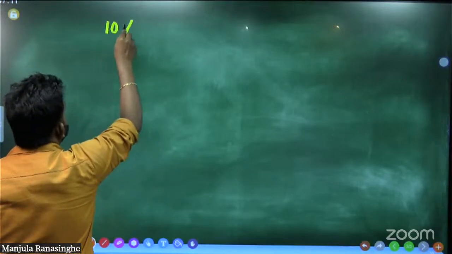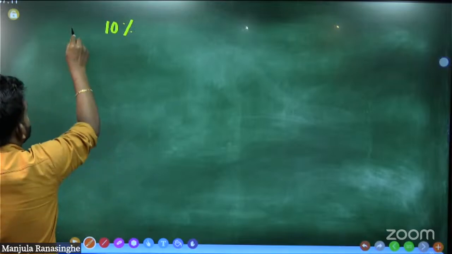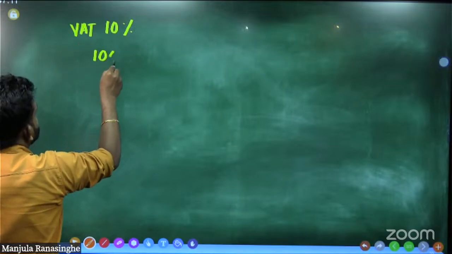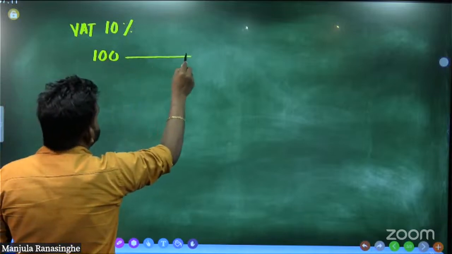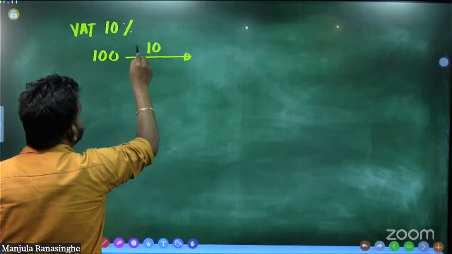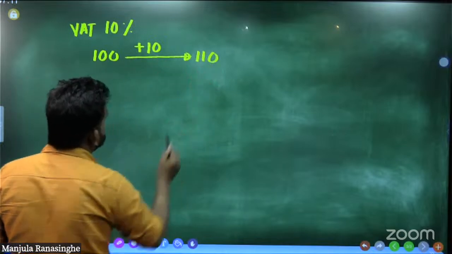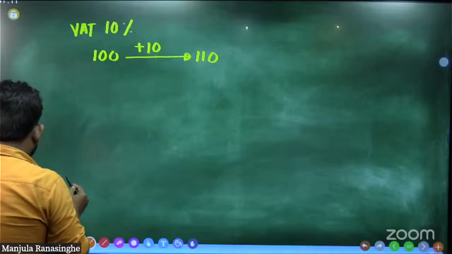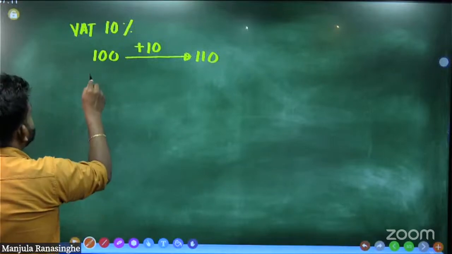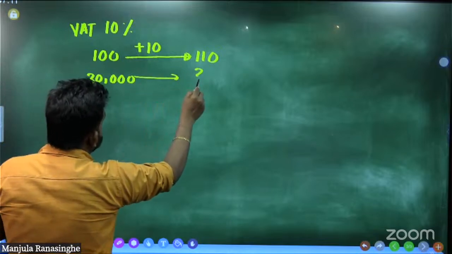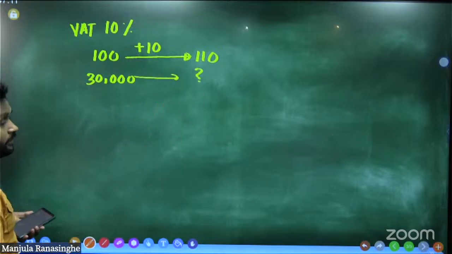It means if the initial value is 100, on that 10 is added as the VAT, and then inclusive VAT is 110. Now they are saying the initial value is 30,000. Then with VAT, how much? Inclusive VAT price, how much?